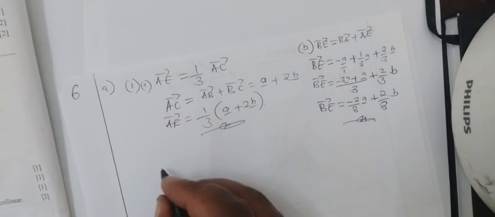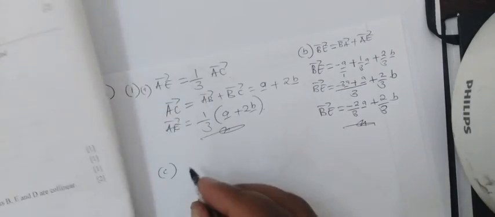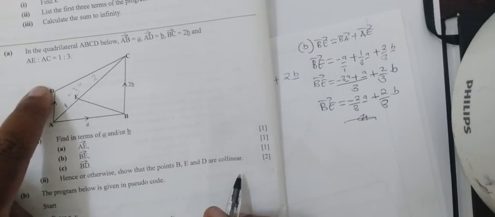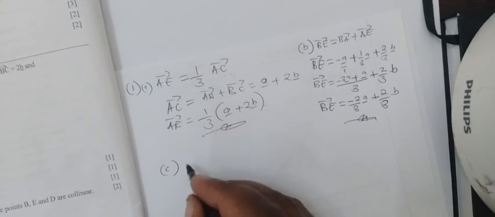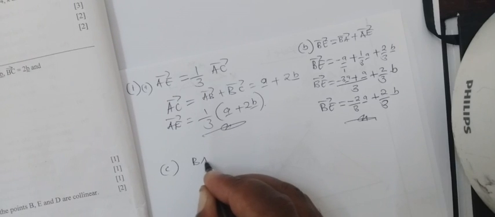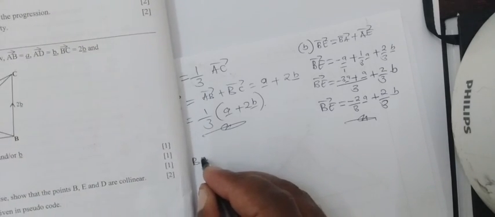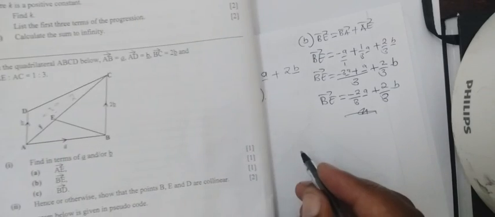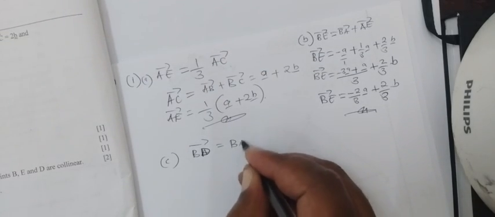Then we go to C. What is C? We want to find from B to what? D. So we say BD is equal to BA plus AD.